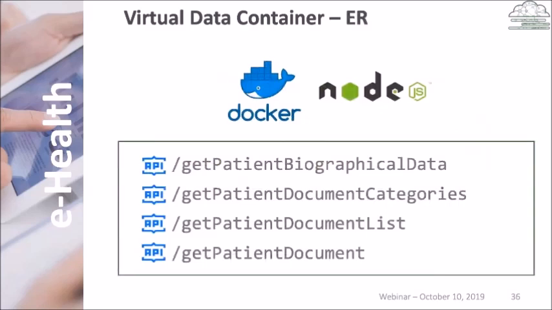So the main job of the VDC, as we said, is to provide some methods that developers can use to retrieve data and defer to DITAS the part related to data management.